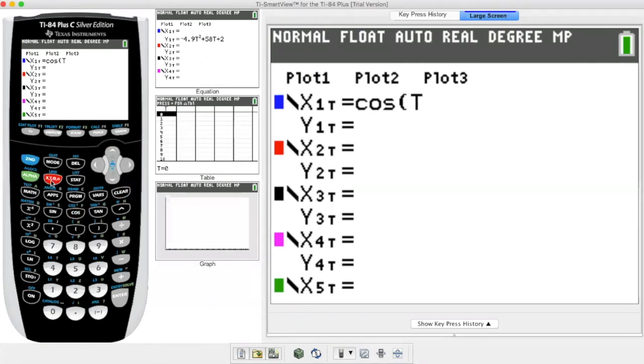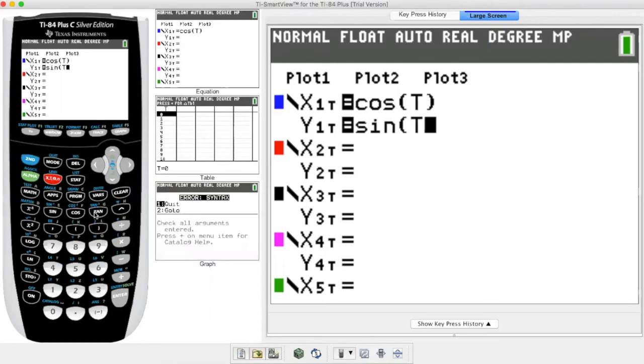Again, the calculator is going to put in t because that's what it does in parametric mode, but it's just a variable. You can think of it as theta. And I cursor down, and for y, I'm going to put in sine, and then my variable, which again is theta. The calculator defaults to t for parametrics.